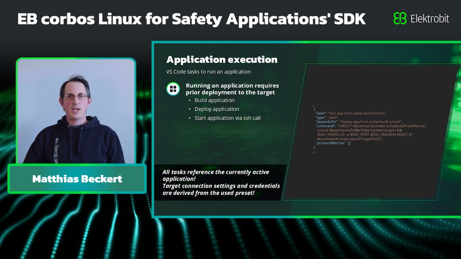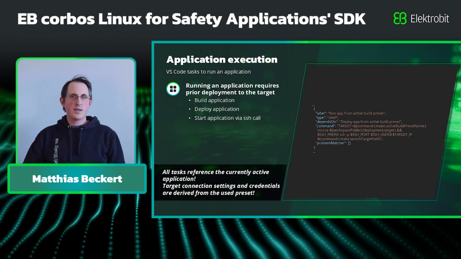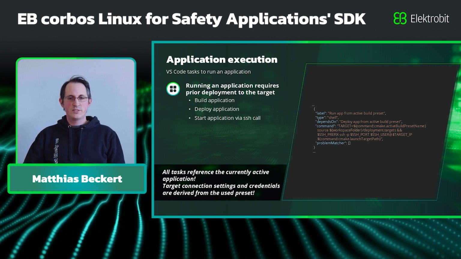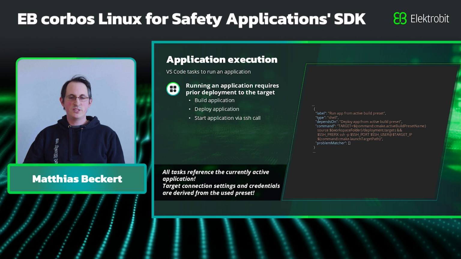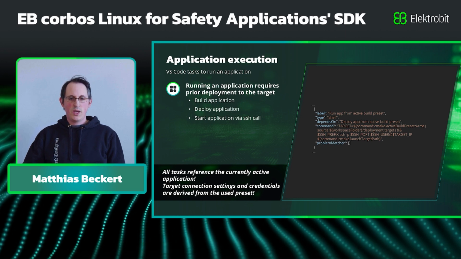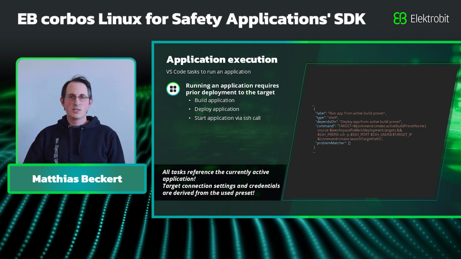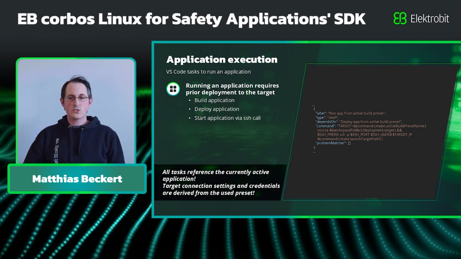So let's check what is required if we would like to run an application on the target. Running an application is the most simple way of this application workflow, where we would simply, as I said, build the application, deploy it to the target, and start it via an SSH call.